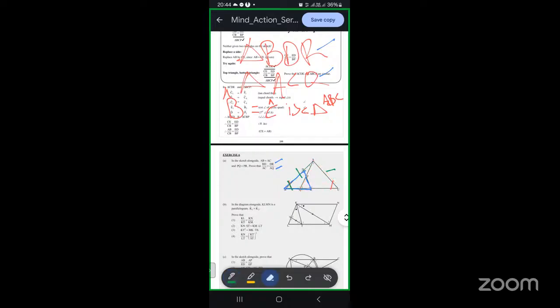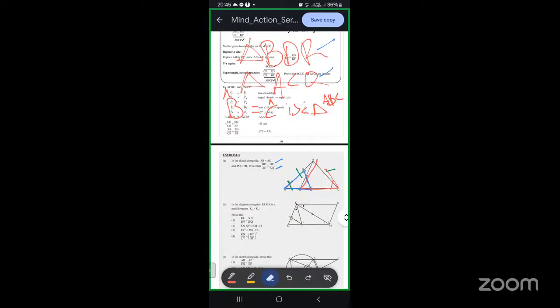So does this part make sense to you guys? Does this statement make sense to you? Yes. Yes, sir, it does.